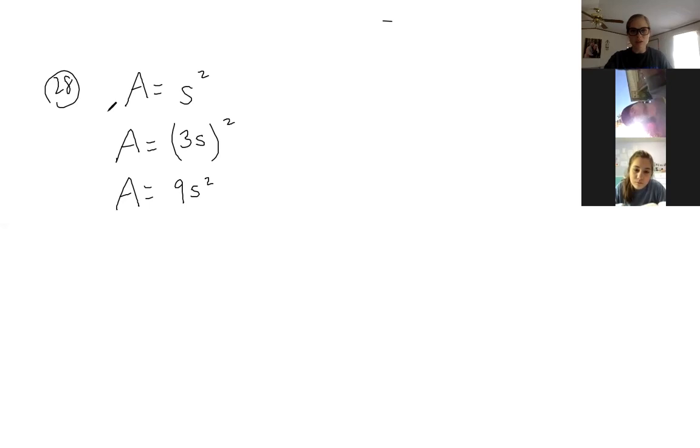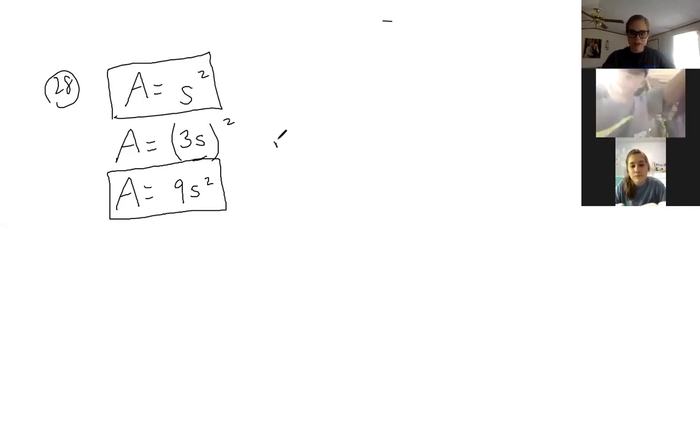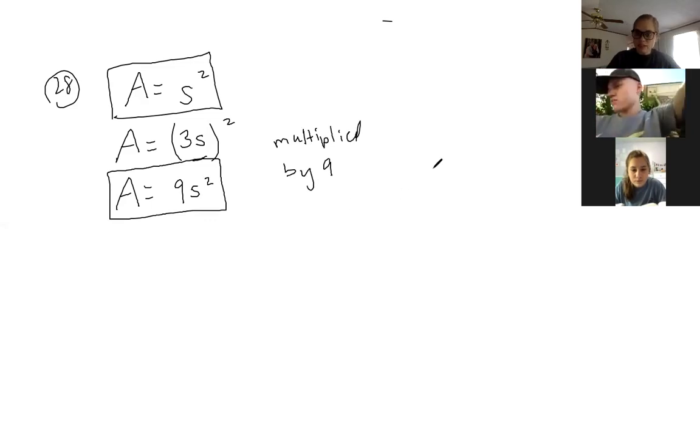So here's my original area formula. If I tripled one of the sides, here's my new area. So what's the comparison there? What happens to the area? Well, it's multiplied by 9. So what would be the increase percentage in area?